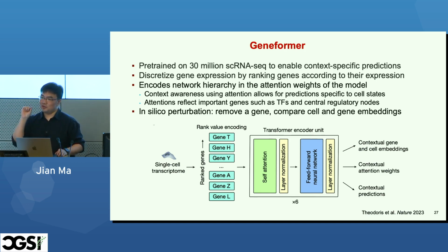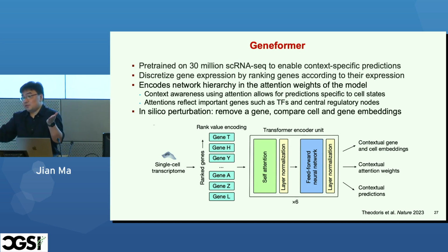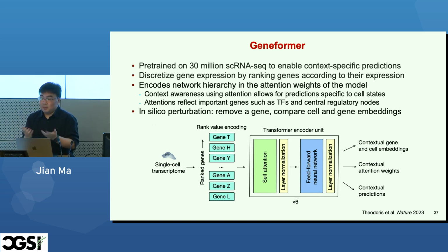So the value is not necessarily expression, but the ranking of the gene in that particular cell. Housekeeping genes are expressed all over the place very highly, so they are not going to be ranked very high in a particular cell. For some transcription factors, even though they are sometimes expressed quite low in certain cells, they could still be ranked high.